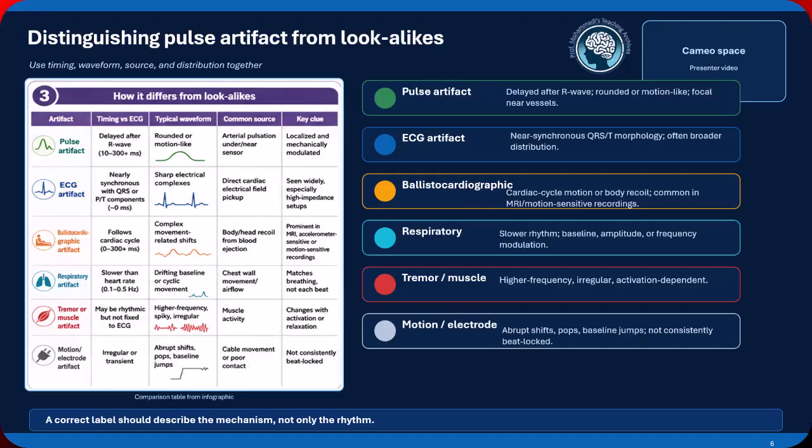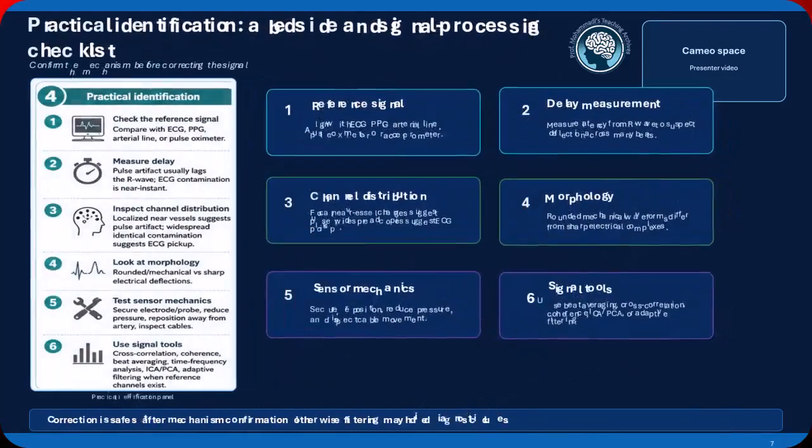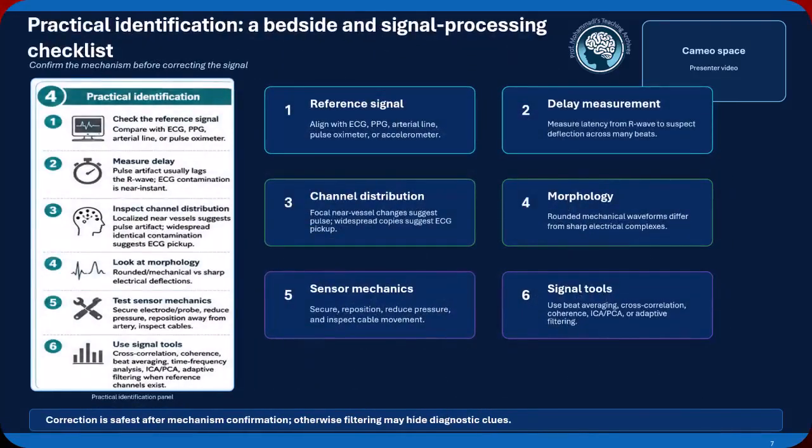Next slide, please. A practical identification approach begins by checking a reference signal. Ideally, the suspicious rhythm should be compared with ECG, PPG, arterial pressure, pulse oximetry, or an accelerometer signal. Next, measure the delay from the R-wave to the suspicious deflection across several beats. Then inspect the channel distribution.